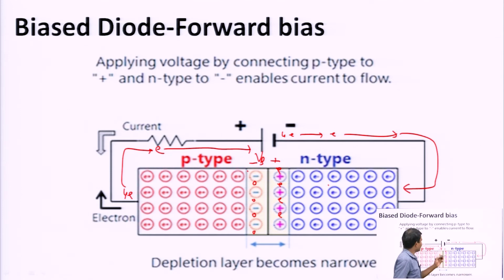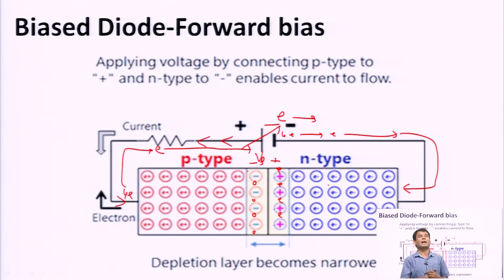Now, when the negative plate donates the 5th electron, that 5th electron will circulate in the clockwise direction. When the 6th electron, 7th electron, 8th electron, 9th electron, 10th electron continuously, as the battery voltage increases, the circulation of electrons will increase, and opposite to the electron flow, the current will flow in the anti-clockwise direction.